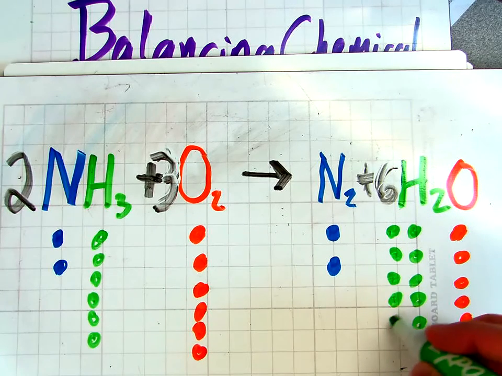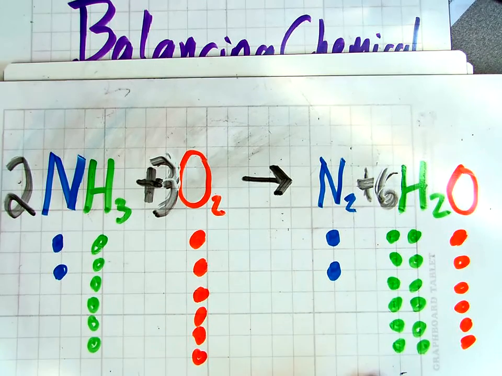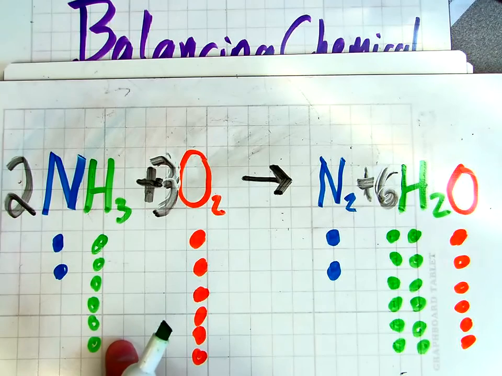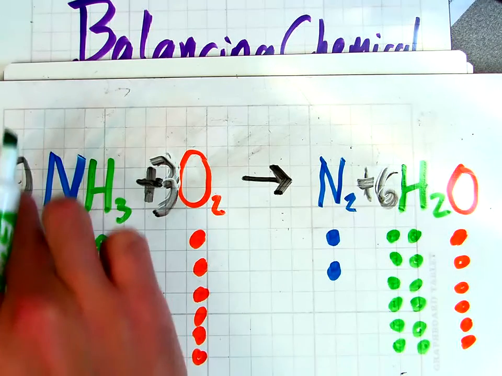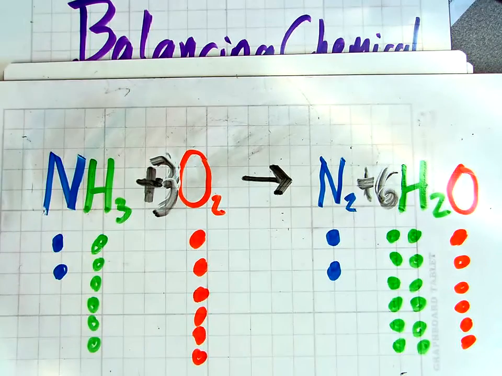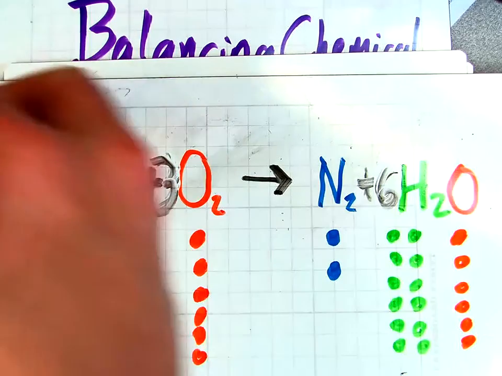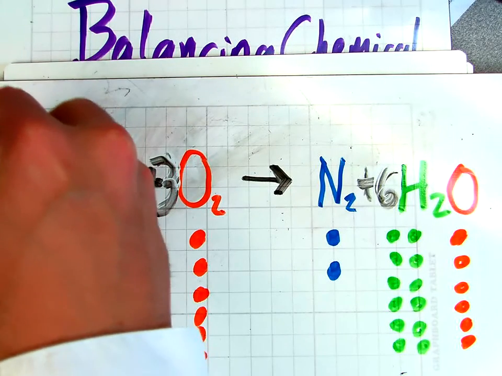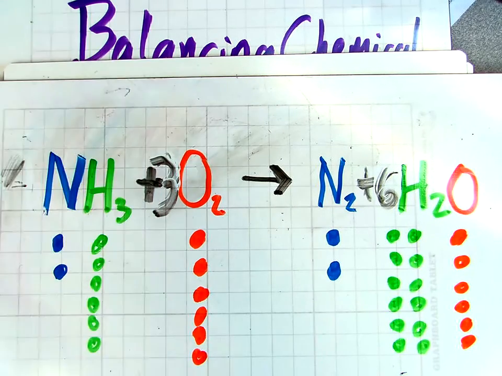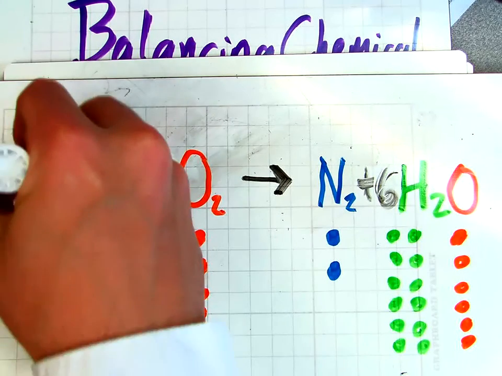And that's unfortunate because now I need to get 12 hydrogen here. So I have to multiply this coefficient as well by 2. So I go from 2 to 4. Okay, so I've got 4 now.